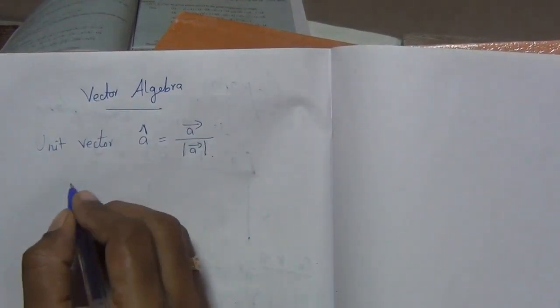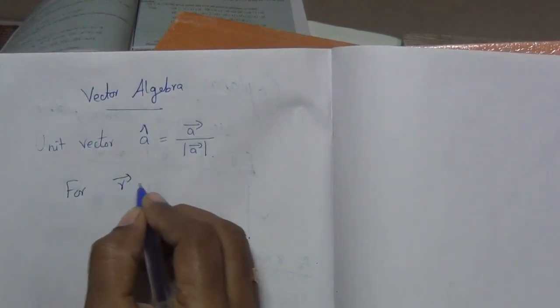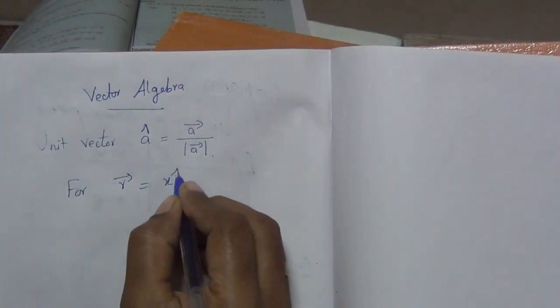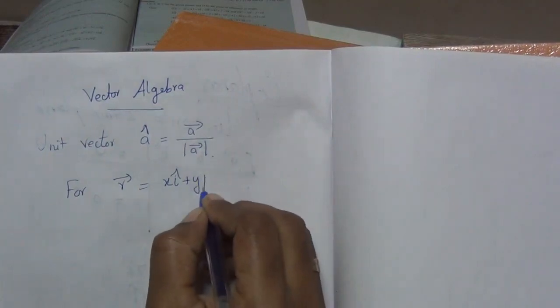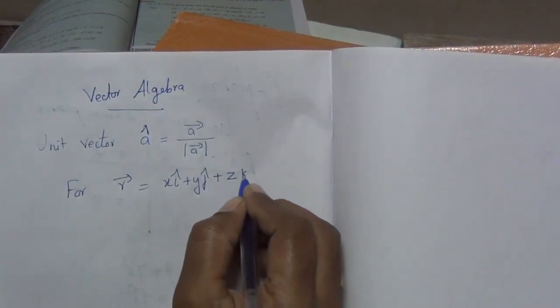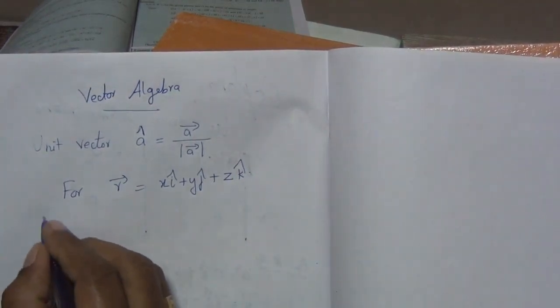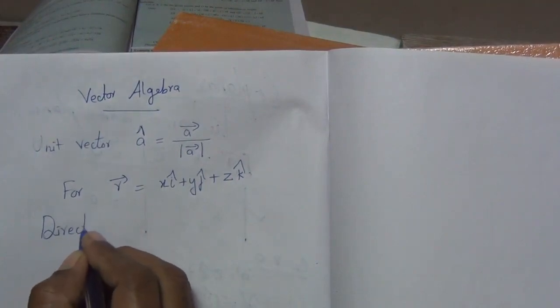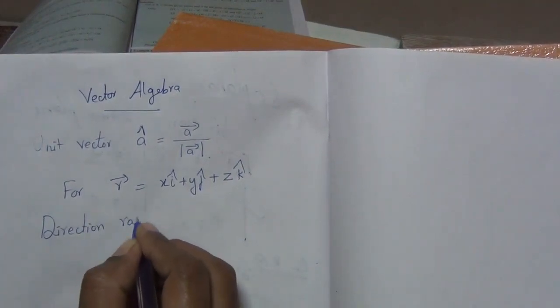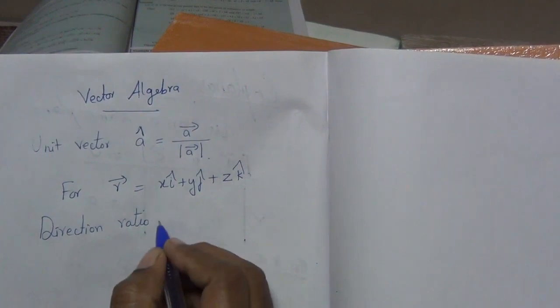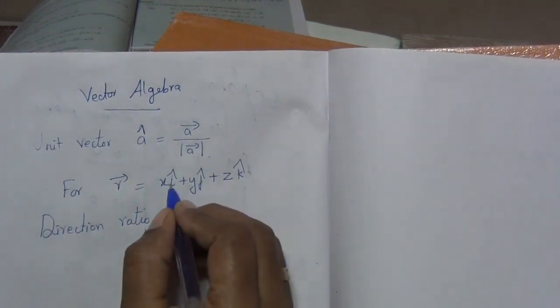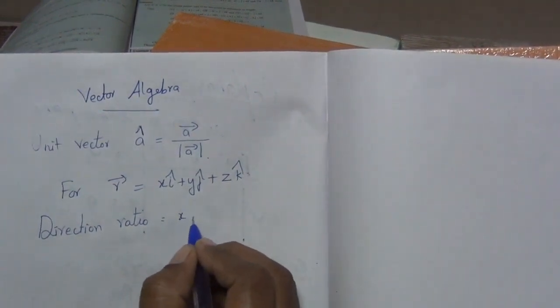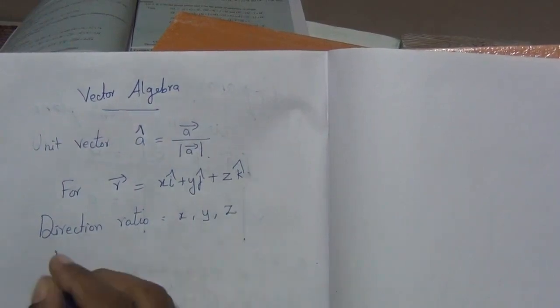Again, direction ratios, for r vector equal to x i cap plus y j cap plus z k cap, the direction ratio is nothing but the coefficients of i, j and k, that is x, y and z.